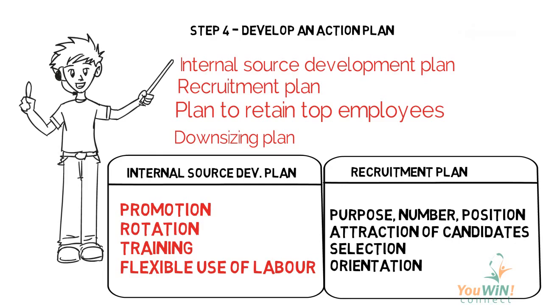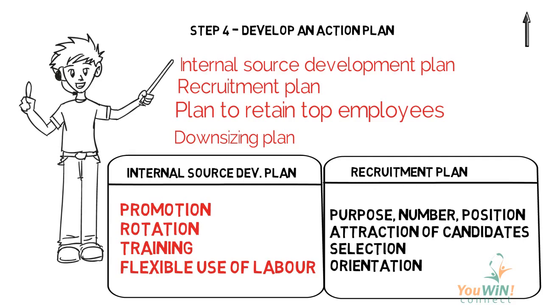At the bottom of the slide, you will see we've given you a breakdown of 2 different plans. One is the internal source development plan. And when you are doing that plan, you will look at things like the promotion, job rotation, training, and the flexible use of labor.